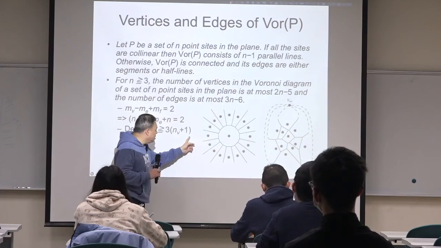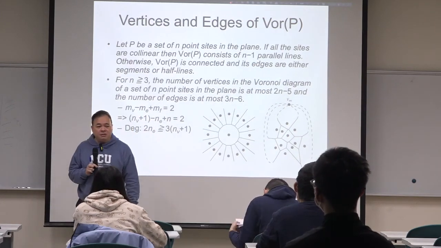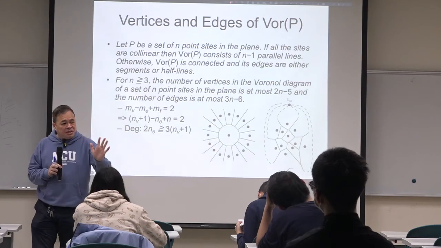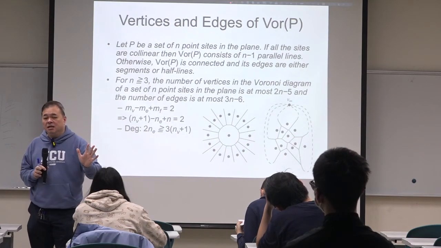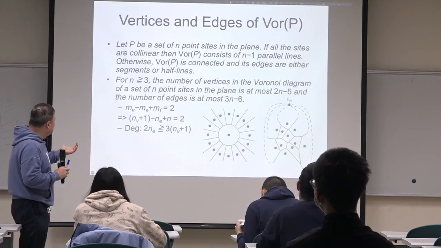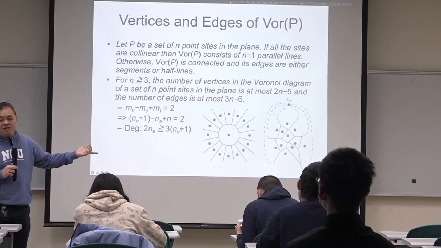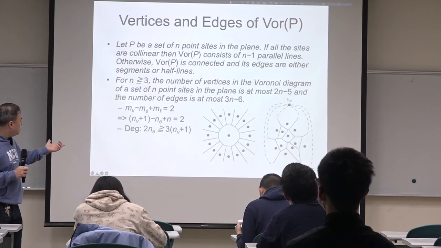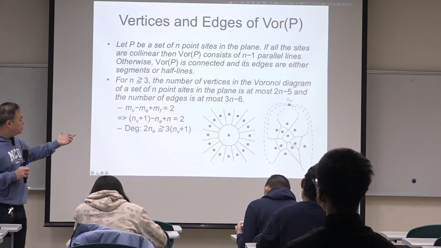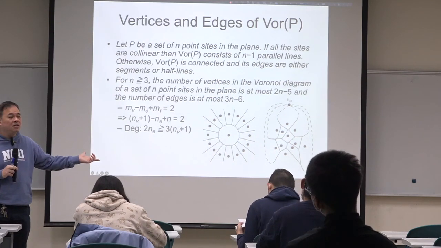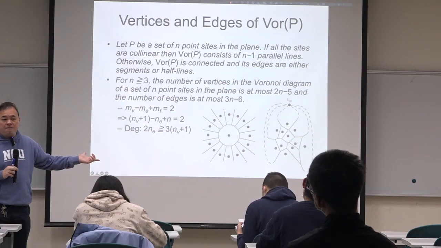This is another way to estimate the total degree, but of course it is an underestimate. The left-hand side is the exact estimate, and the right-hand side is an underestimate, so the exact value will be greater than or equal to this underestimate.